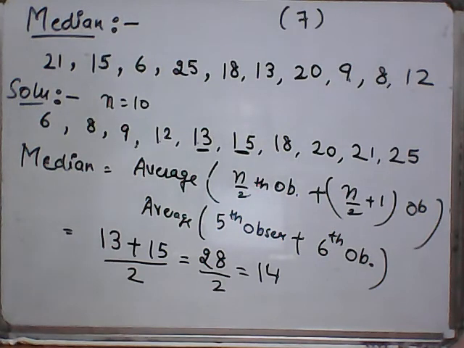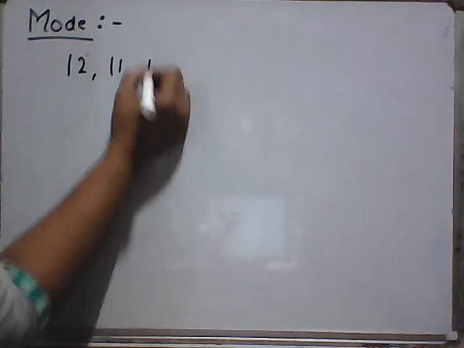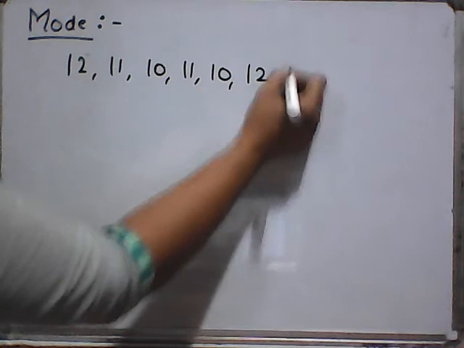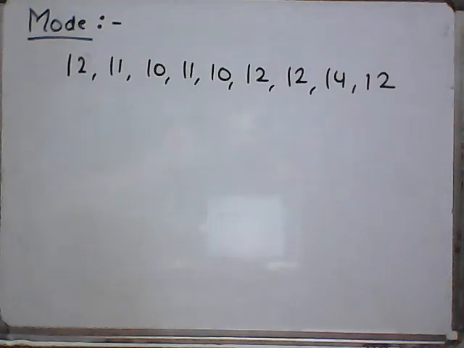Let's come to the next topic, that is mode. What do you mean by mode? The mode of a set of observations is the observation that occurs most often. Suppose data is given to you: 12, 11, 10, 11, 10, 12, 12, 14, 12. You have to find out the mode.